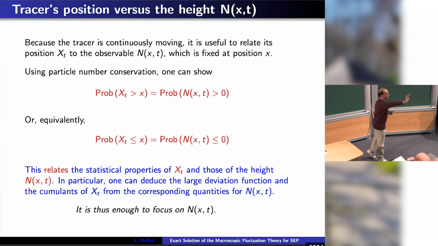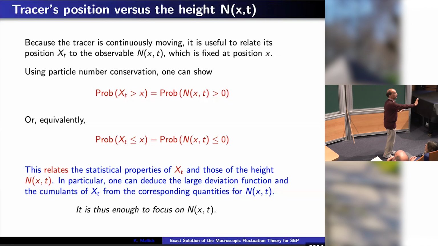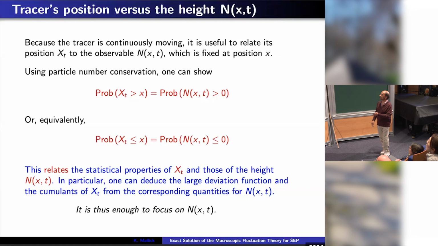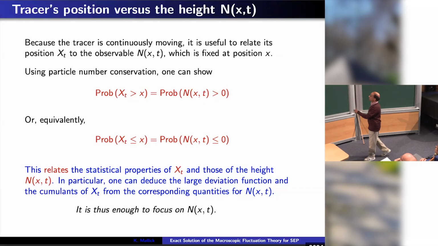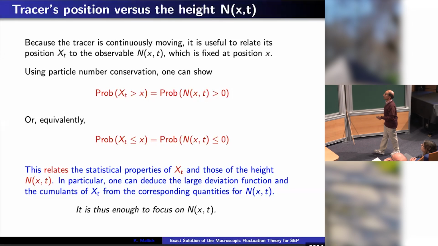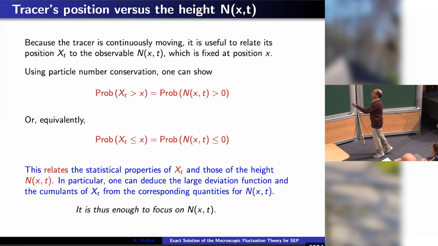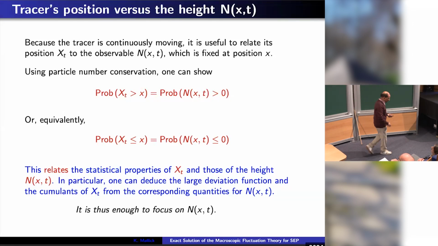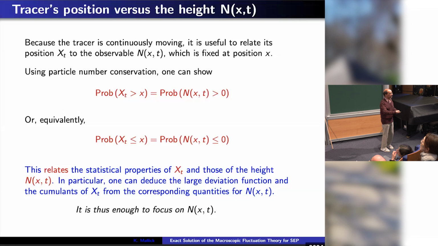Just because to move further than a certain point, you have to push the guys which are in front of you between your position and the position x. Okay. So finally, again, the statistical properties of my tracer's position are encoded in this bunch of variables n(x,t). And this is very nice because X(t), the position, is moving, so it's a kind of Lagrangian variable.